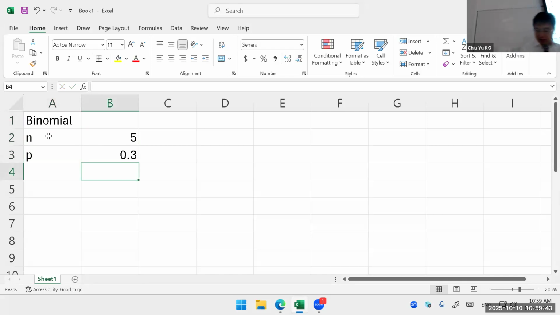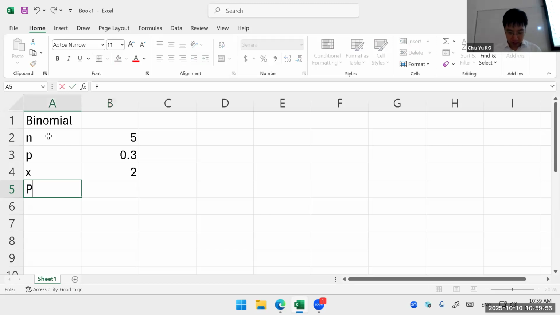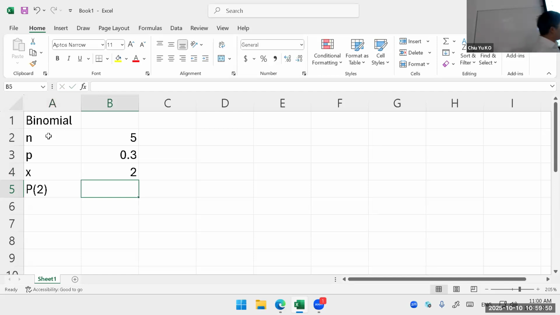And we are asking ourselves, what is P of 2, the probability of exactly 2? So what is the formula to do that? We'll be using the Excel function called binom dot dist.